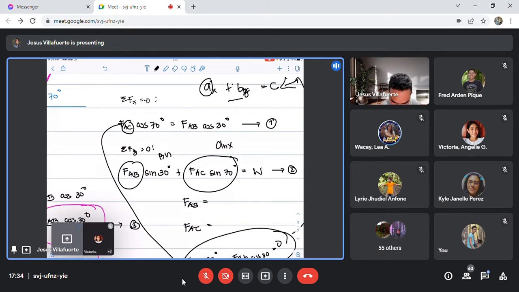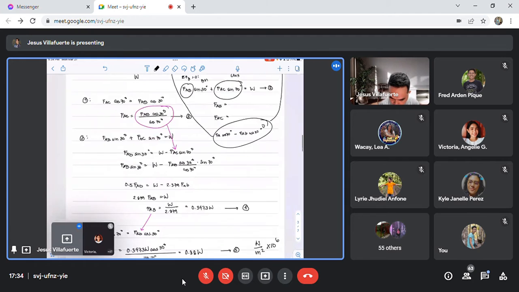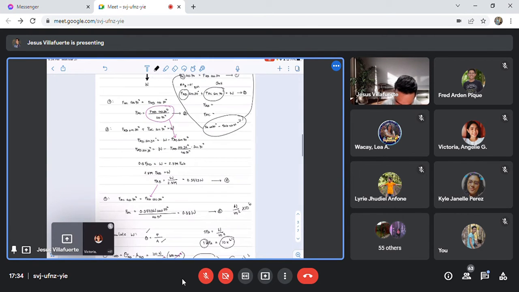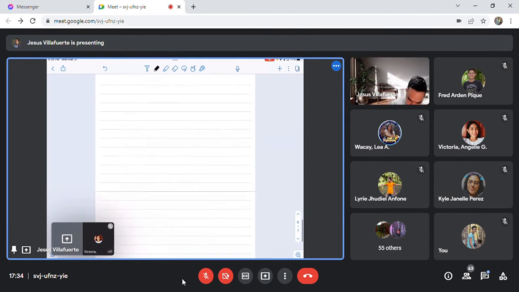So this is sine 70. Let's rewrite equation 1 so you won't get confused.